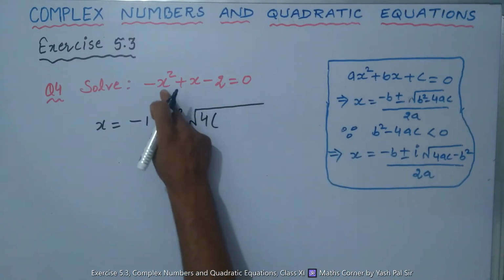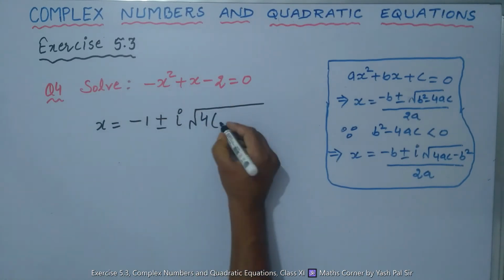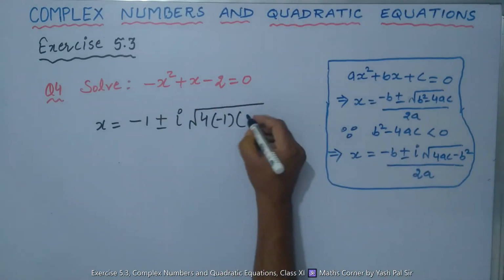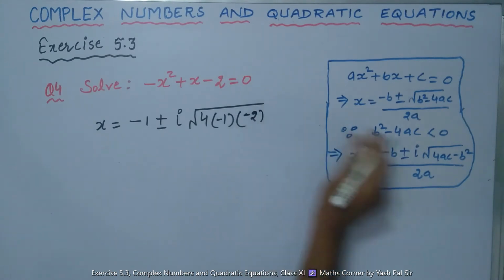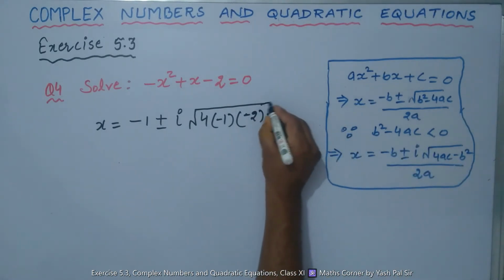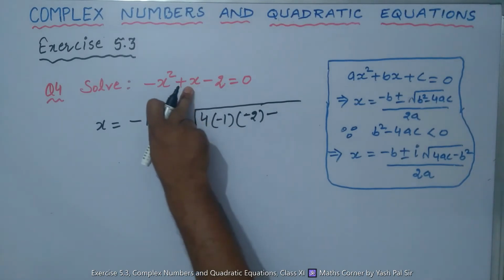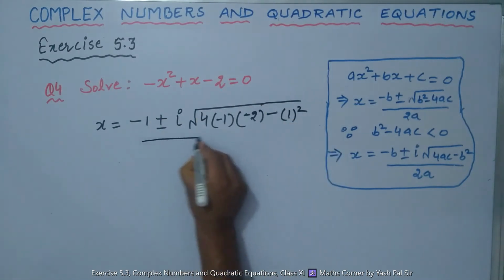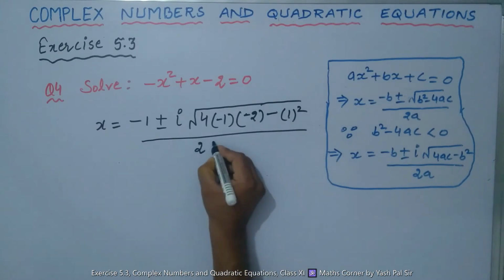What is a? Coefficient of x square, which is minus 1. What is c? C is minus 2, minus b square. What is b? Coefficient of x, which is equal to 1, its whole square, upon 2 into a.